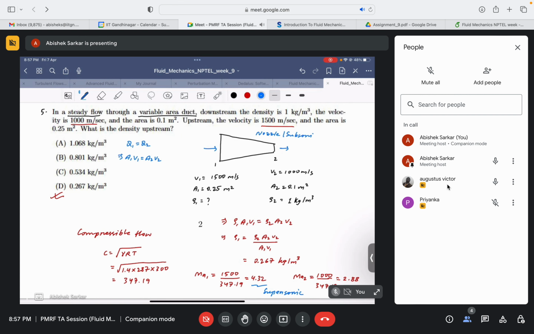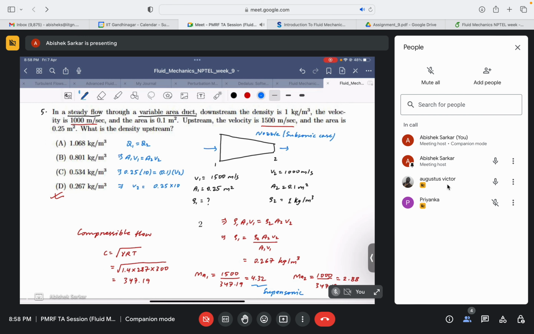Say our inlet area is 0.25, and I have given the inlet velocity as 10 meter per second, very much within the subsonic range. And A2 is given as 0.1, and V2 is unknown. Now could you please find V2? What would be V2?